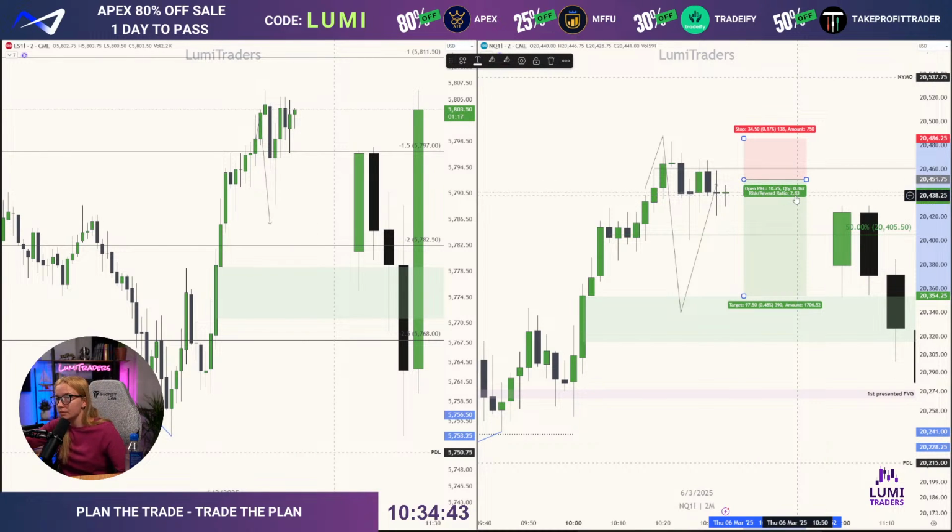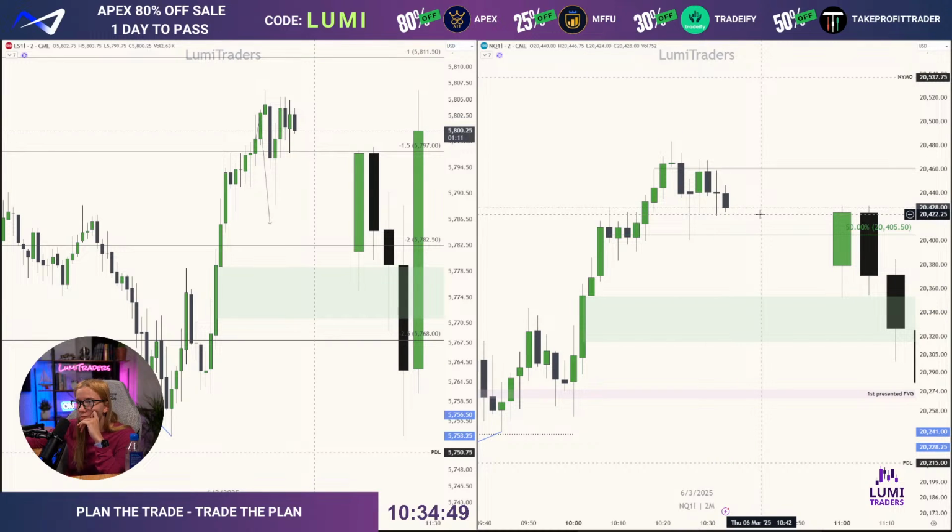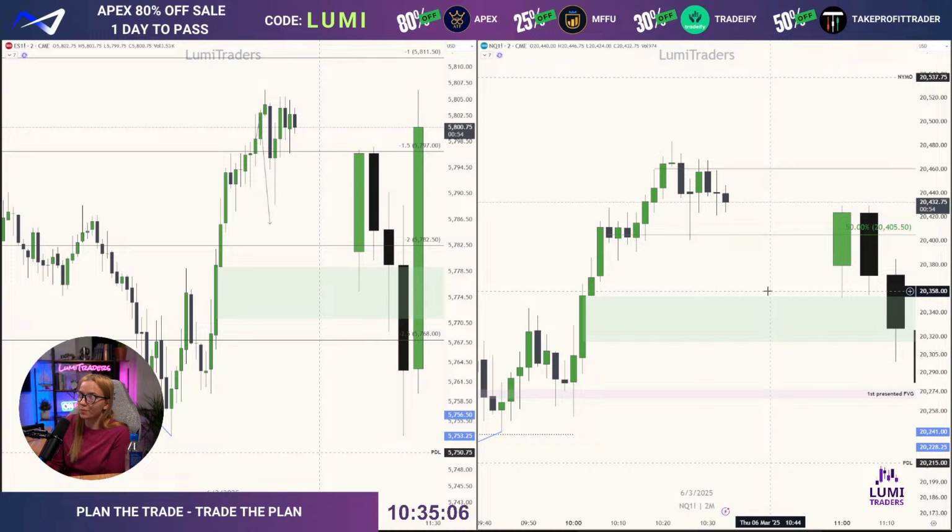Nothing yet. No displacement, absolutely nothing. I can be wrong, but I don't mind to look for short to this 5-minute fair value gap. But at this point, I also don't want to fight with bullish trend, but this retracement down just makes sense to me.